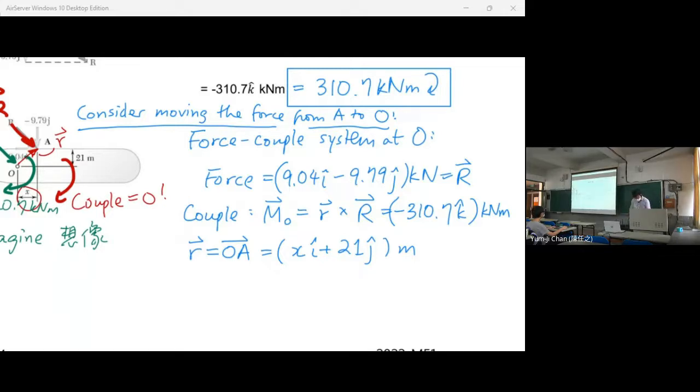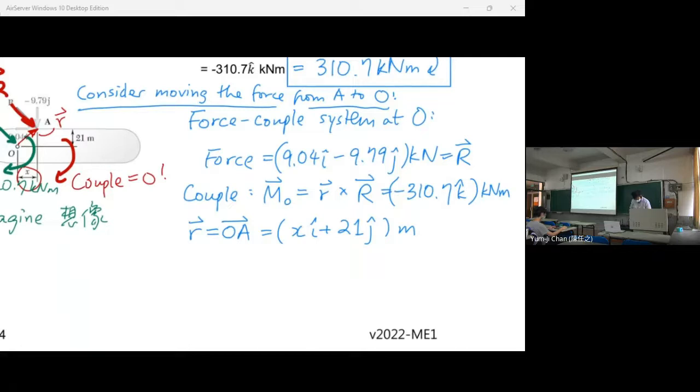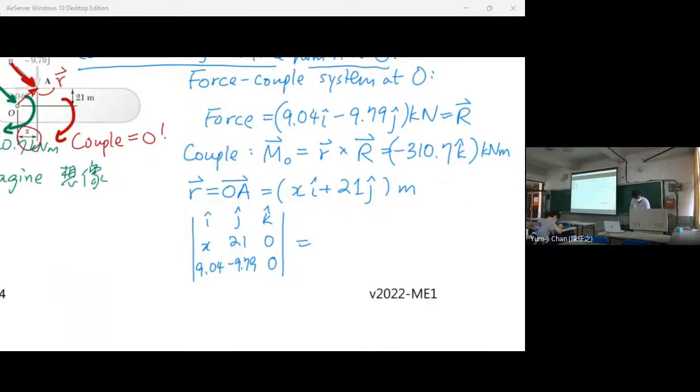So we have i, j, k, and x, 21, and 0, and this is 9.04, minus 9.79, 0, and this is equal to minus 310.7 k.